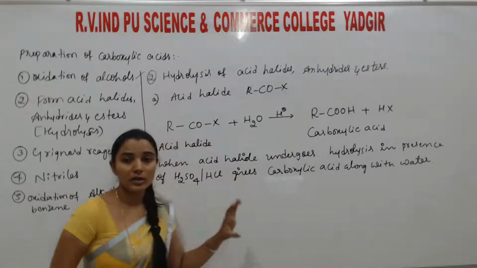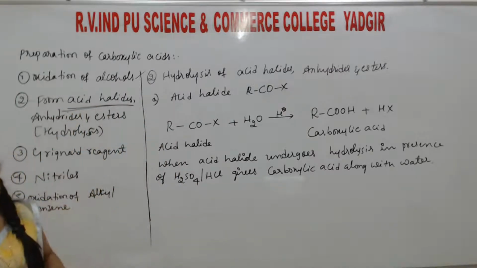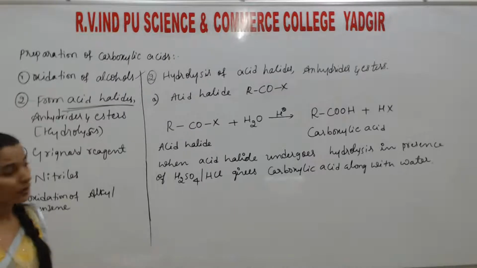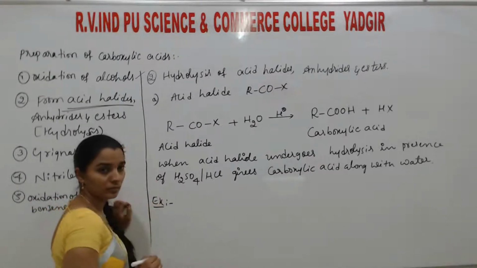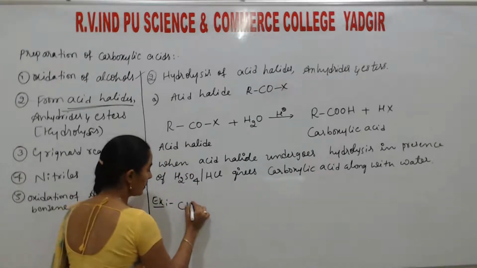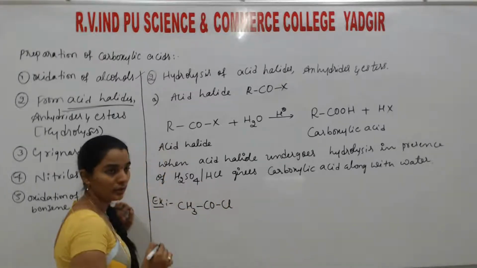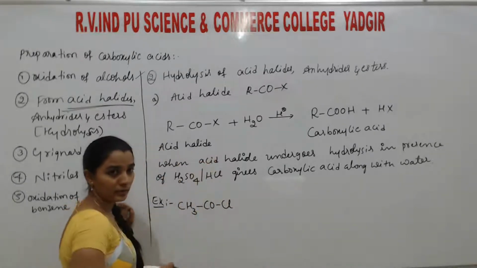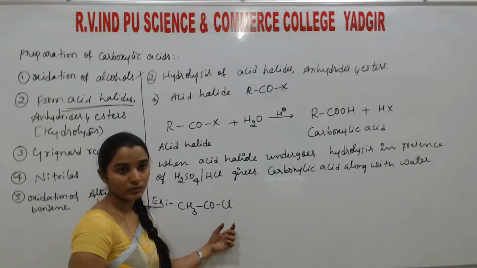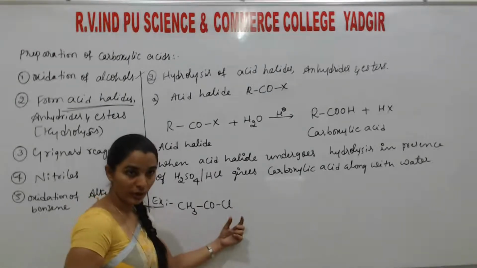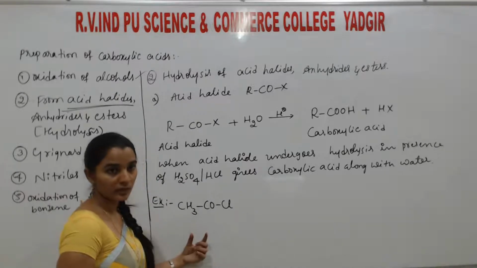This is the general reaction from acid halide. So remember, if you take any example, the R can be replaced by CH3 and COCl. Acid halide, you may take it as acyl chloride also. Acetyl chloride is simply called acyl chloride. Understand?